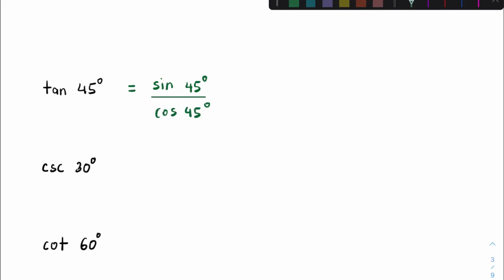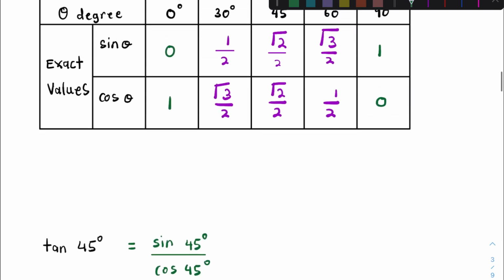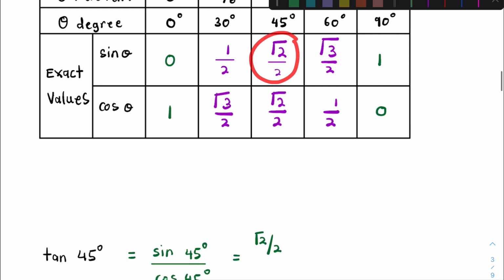Whether from your calculator, memorization, or a list like I'm doing here, sine 45 gives square root 2 over 2, and cosine 45 also gives square root 2 over 2. Since the numerator and denominator are the same, it gives 1.